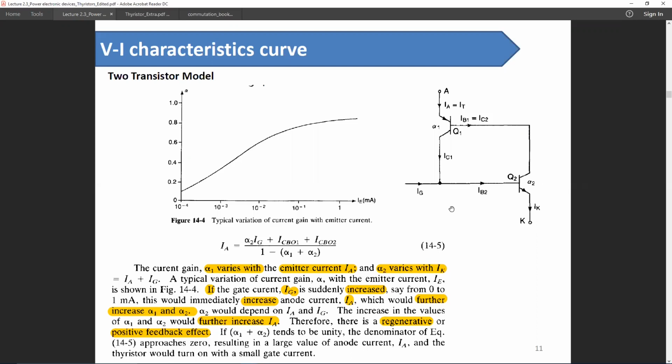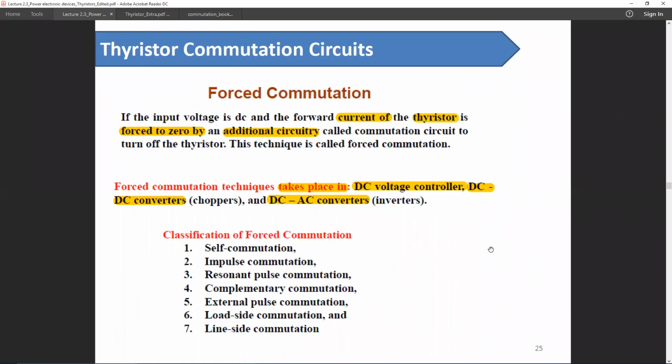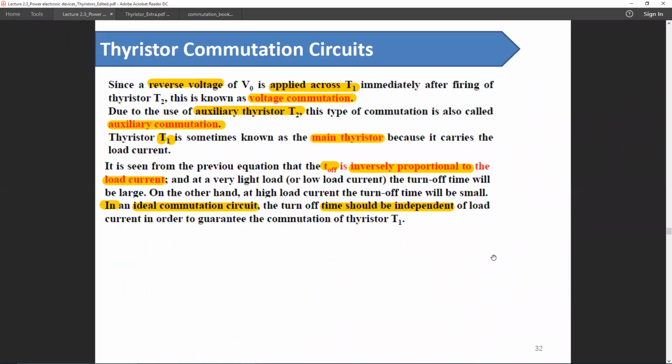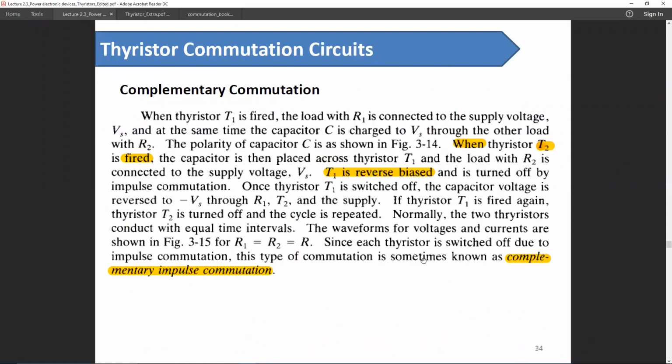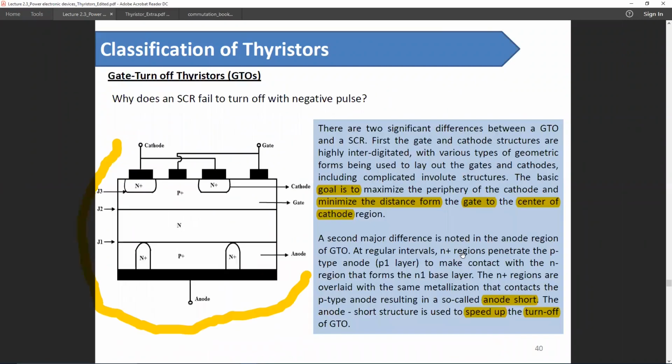In order to do so, we need to adjust the gain of this transistor in a very predictable way. So in case of a GTO, this gain is controlled in such a way that a negative gate current turns off this latching state.